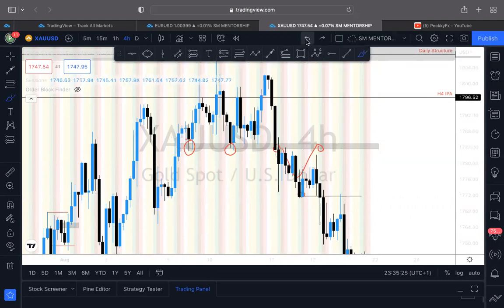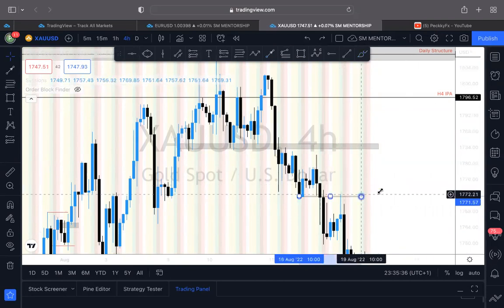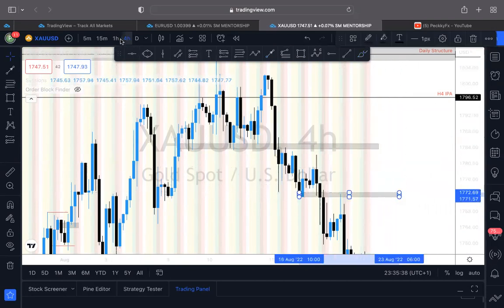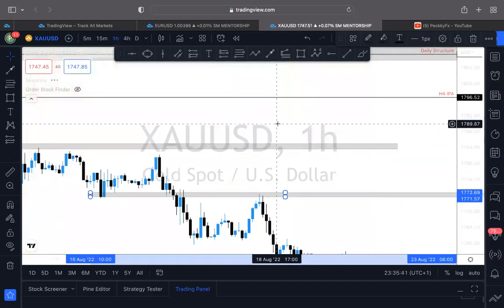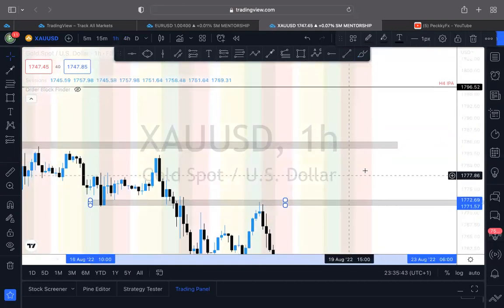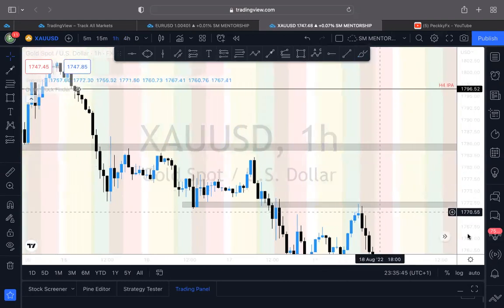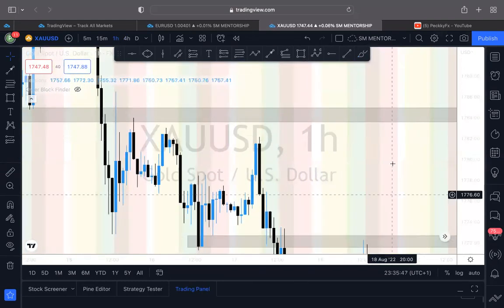Then I am going to mark out that zone and wait for the market to come back and give me an entry. Okay, so this is the zone. All right, now I'm looking for an entry on H1. H1 is going to tell me when the New York session opened and when it's definitely coming back.